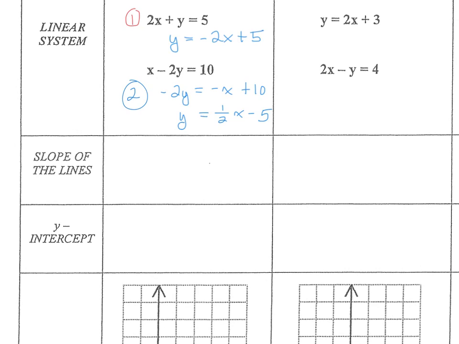For line 1, my slope is negative 2, and for line 2, my slope is 1/2. The y-intercept for the first line is 5, and the y-intercept for the other line is negative 5.